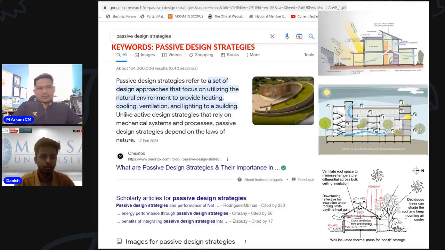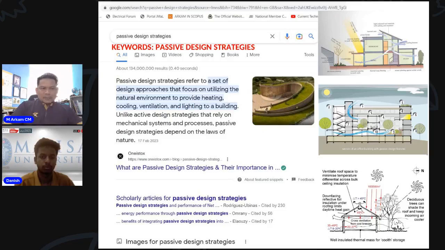Let's start with some exploration of the keywords today. We are talking about passive design strategies. If you go to Google and check what pops up when we search for this keyword, basically they will explain some basic terms, where it refers to a set of design approaches focused on utilizing the natural environment.